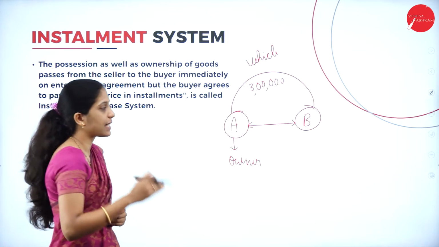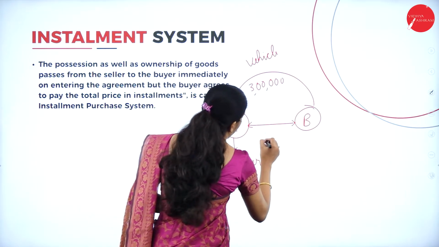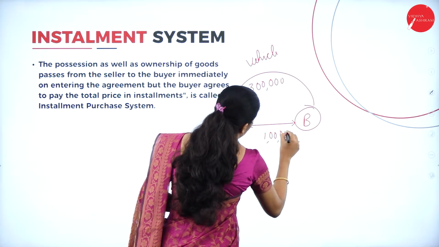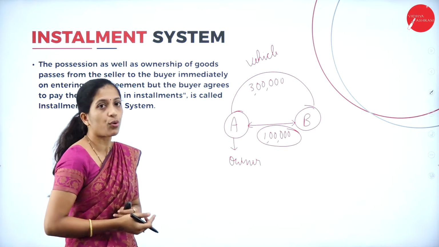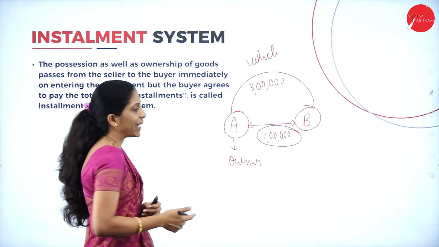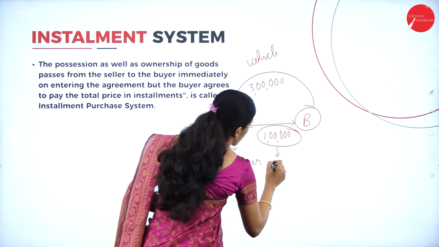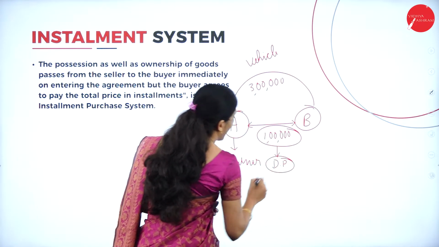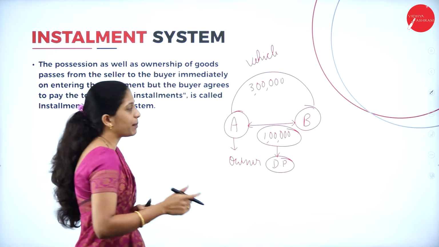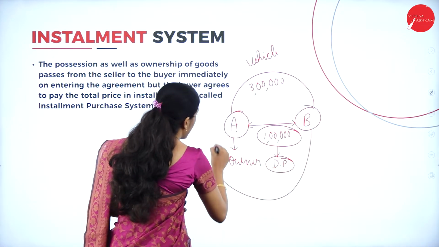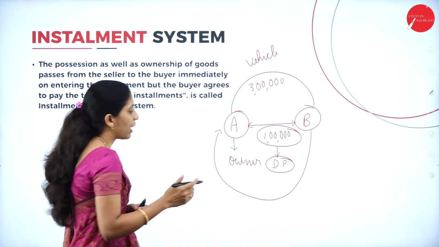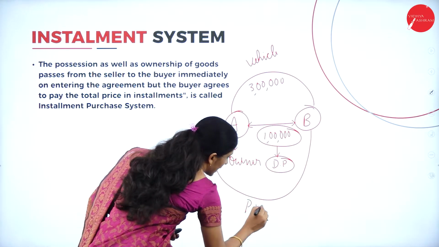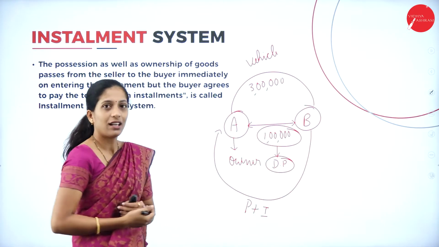He will pay, for example, rupees 1 lakh. So this 1 lakh paid on the date of transfer of the goods is called the down payment. The remaining 2 lakh will be paid by B to A in the form of installments, that is, principal plus interest.